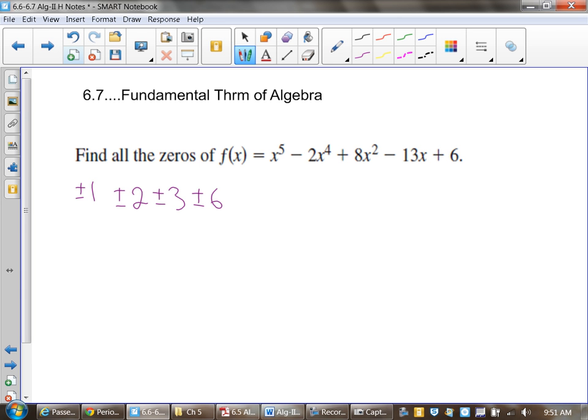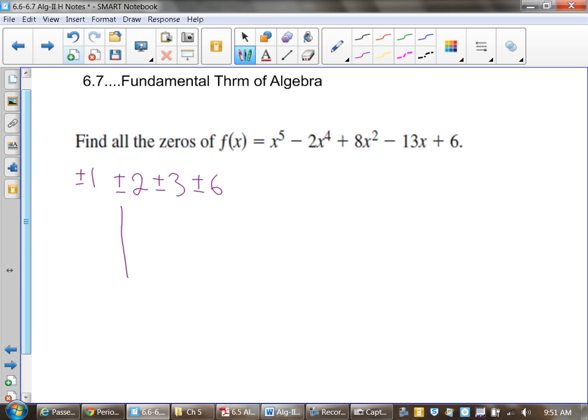And again, does it matter where you start with your synthetic? So we have 1, negative 2, 8. Oh, what did I forget? Very good. Oh my goodness, placeholder. Placeholder rule still holds?